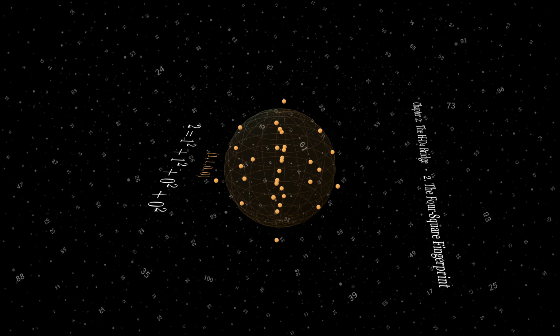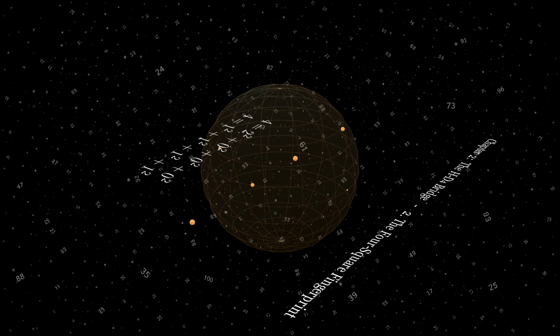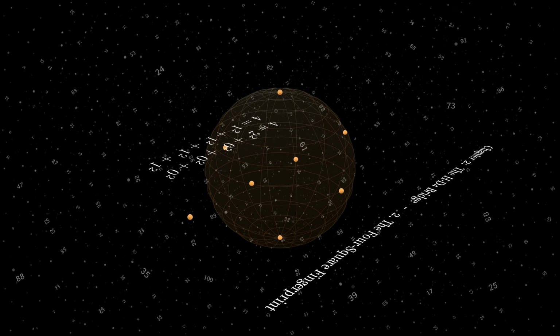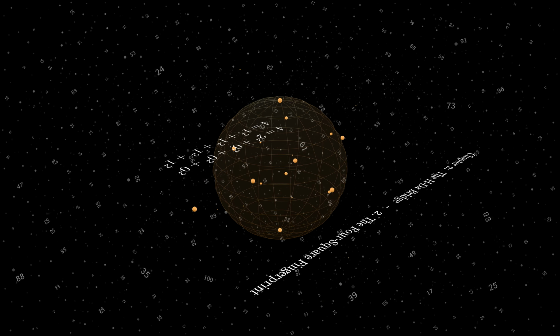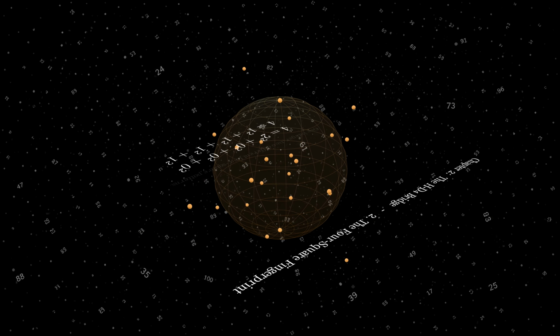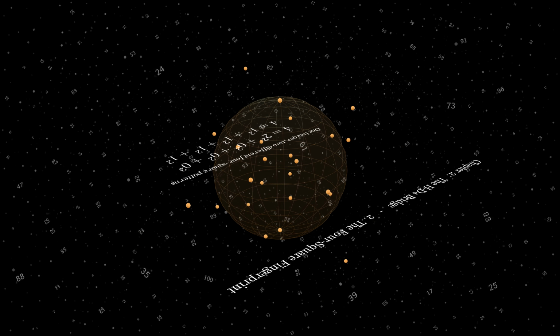For n equals 4, something more interesting happens. We have 4 equals 2 squared plus 0 squared plus 0 squared plus 0 squared. But we also have 4 equals 1 squared plus 1 squared plus 1 squared plus 1 squared. Already, the same number can produce different geometric patterns.